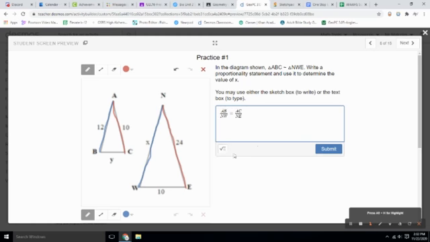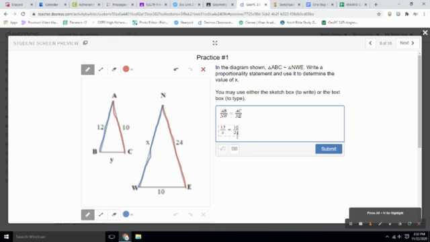Now that we have that piece of information, we can then go ahead and fill it out. The length of AB is 12. AB is 12, and NW is X. AC is 10, and NE is 24. Okay?